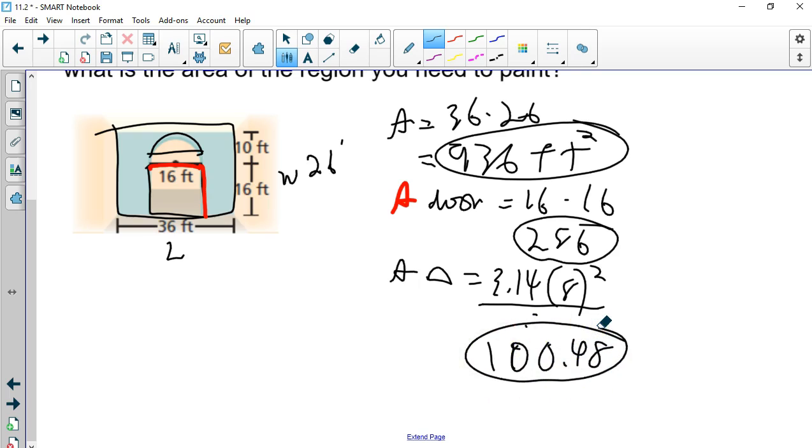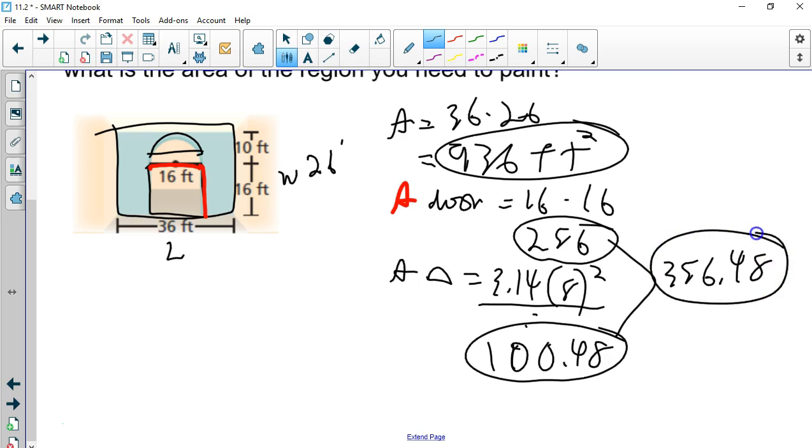So now what I'm going to do is add those two numbers together. 100.48 plus 256. And that gives me 356.48. That's the entirety of the door. Now if we subtract that from 936, we'll get the area we need to paint.